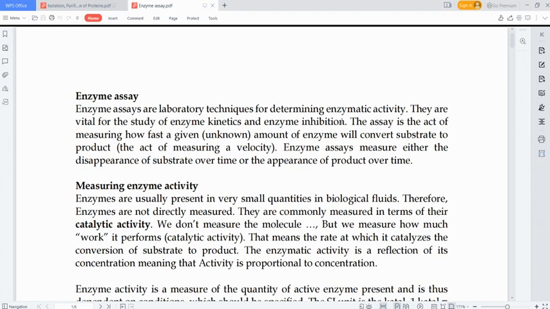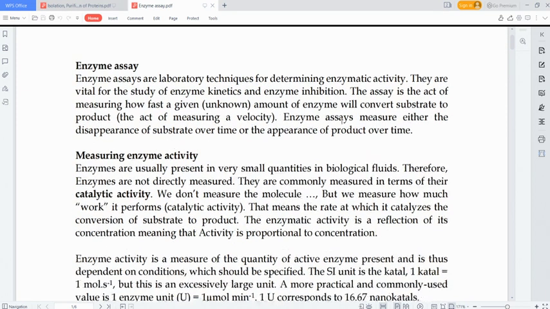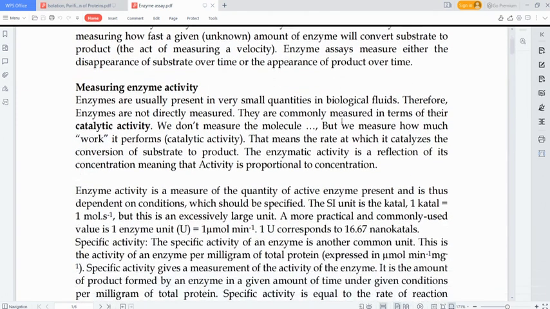The unit of enzyme activity is measured in katal, but the katal is a very big quantity, so it was later brought down to micromole per minute, even though the katal is 1 mole per second. The more practical unit is the enzyme unit, U, which is equal to 1 micromole per minute, not seconds.